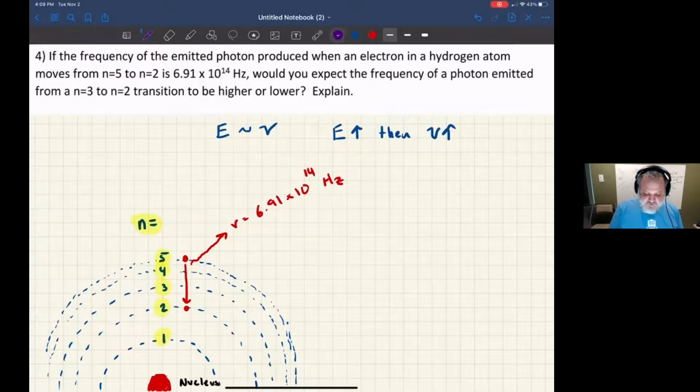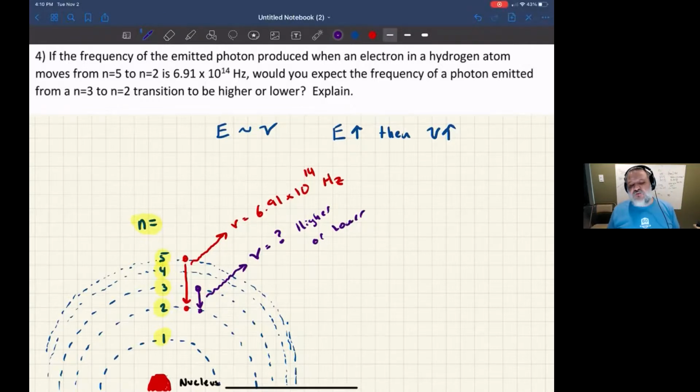Then it says, now consider an electron that transitions between 3 and 2. It's going to emit a photon as well. Is its frequency higher or lower than the other?